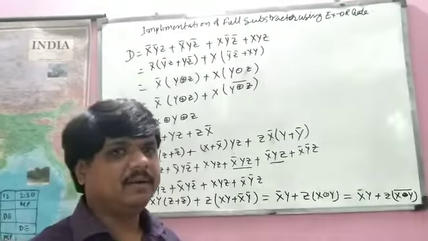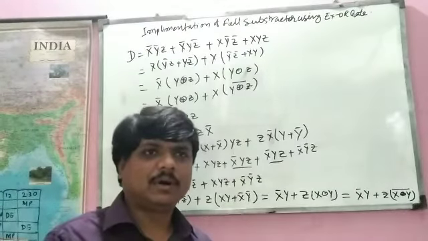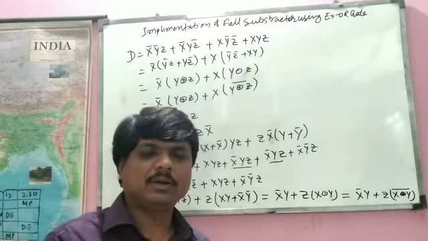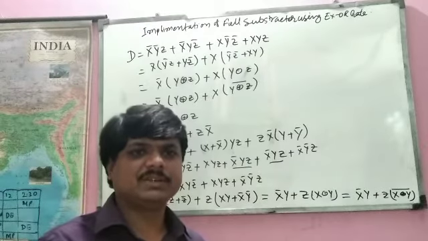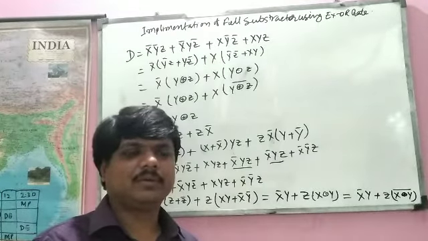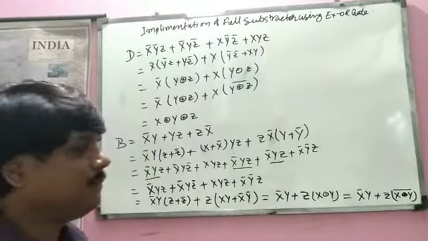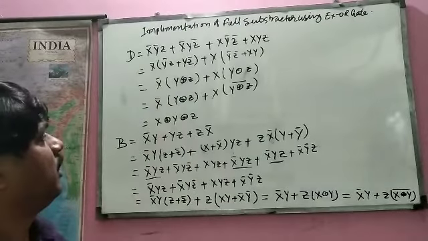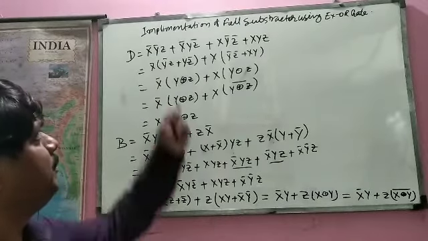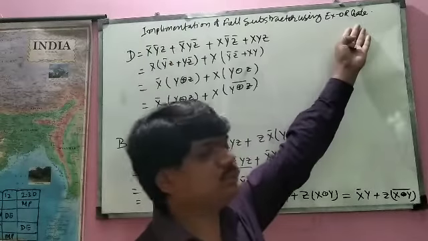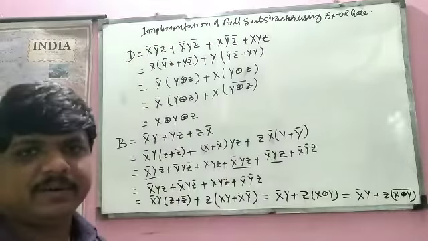We have seen how we can implement the full adder using basic logic gates. And here we will see how we can implement the full subtractor using XOR gates.